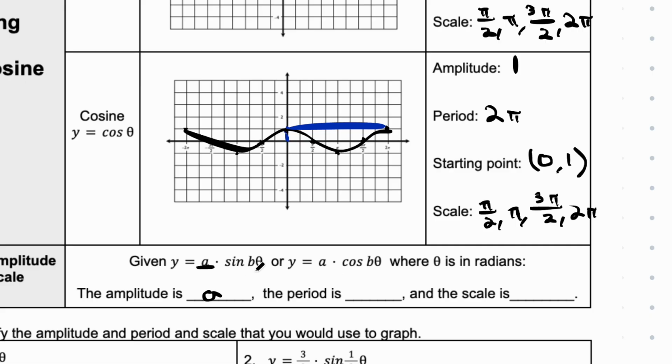Our period is going to be 2 pi over b. And our scale is going to be whatever our period is over 4, just so we can split it up into 4 different sections like we did here. Our period here was 2 pi, so we split it up into 4 different sections.